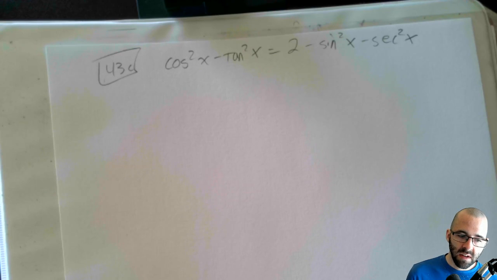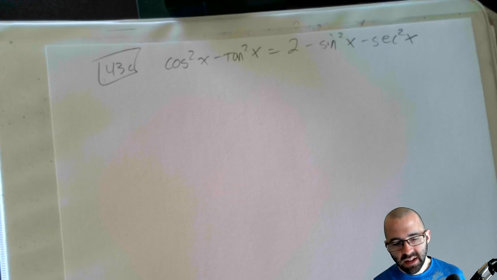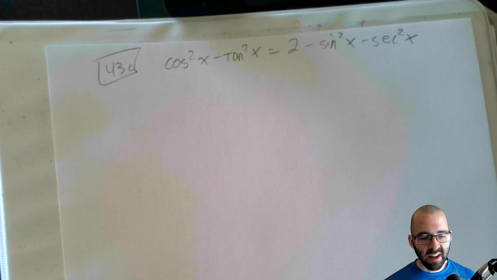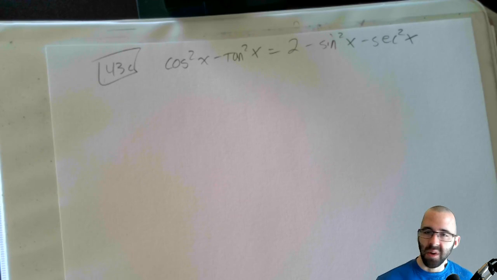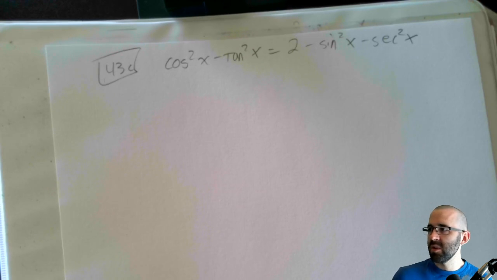On the one hand, the side on the right has a 2. And I don't know what I'm going to do with the 2. So I kind of personally, Jason Barnett, want to stay away from the right-hand side.